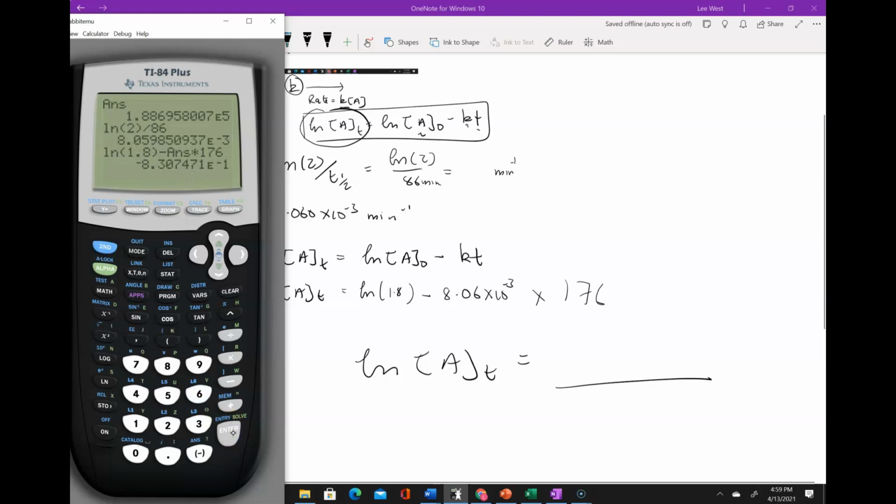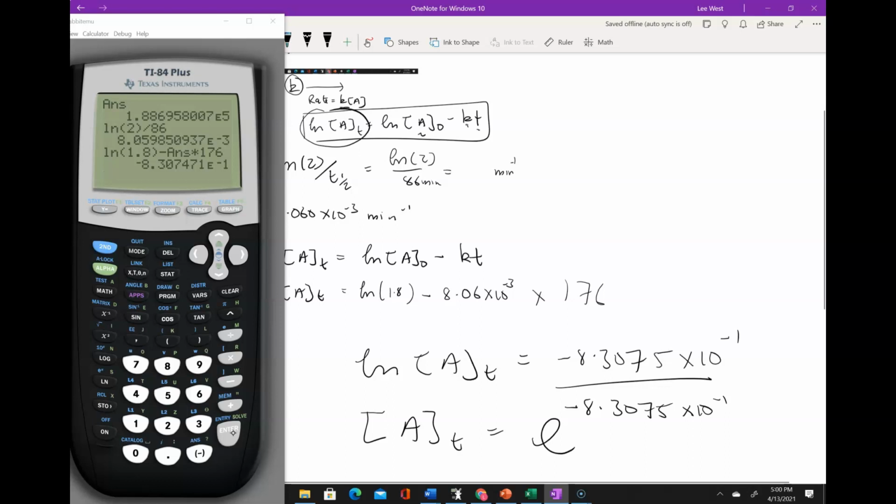So that equals negative 8.3075 times 10 to the minus 1. So then my concentration is just going to be e to the minus 8.3075 times 10 to the minus 1.